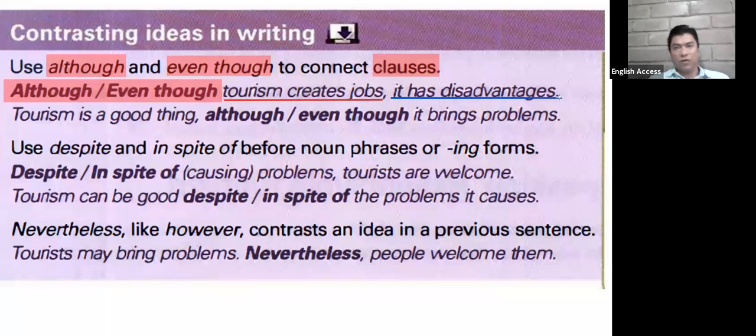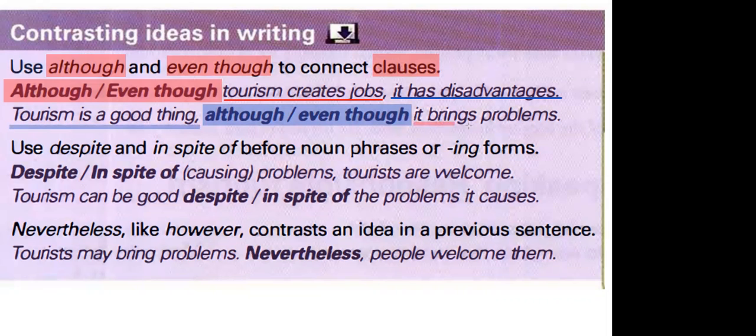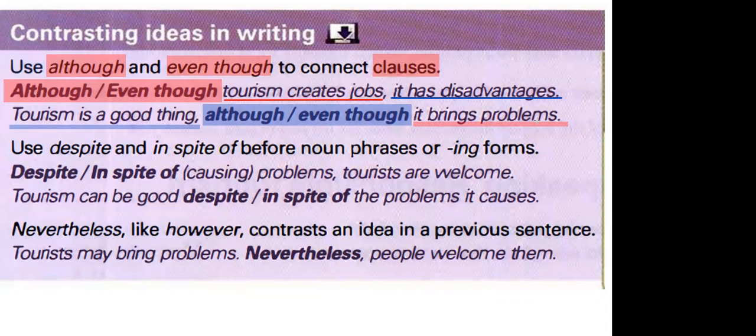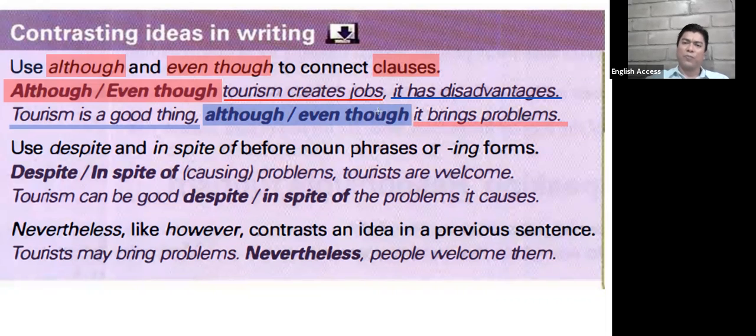Another clause, another sentence. Tourism is a good thing, although or even though it brings problems. So here we have 2 different sentences. Tourism is a good thing. It brings problems. See, they are opposite. One is a good opinion and the other one is not a good opinion.